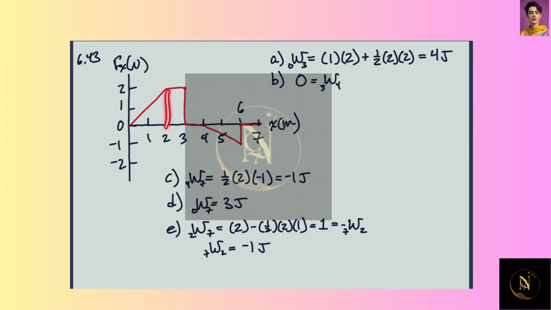That's this area here, which is 2 joules, and then minus this area here, which is 1 joule. So we actually have 1 joule of work done on the system from 2 to 7. So if we go from 7 to 2, we'll have minus 1 joule of work done on the system, or basically 1 joule of work done by the system.